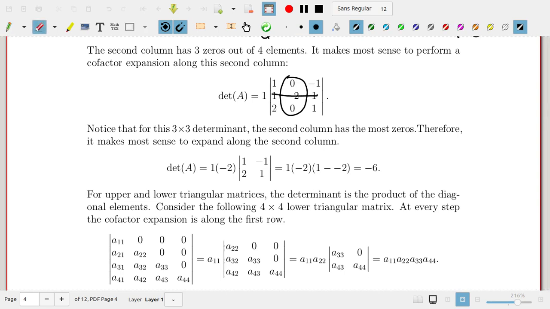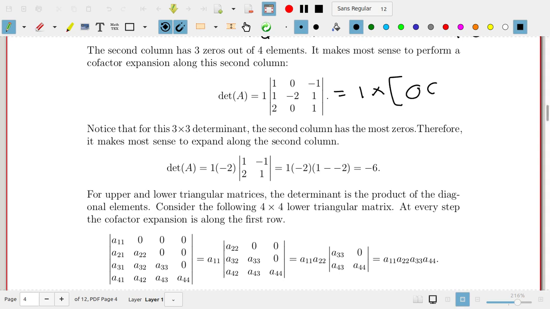So what is this equal to? This is equal to 0 times C12 minus 2 times C22 plus 0 times C32. So you only need to know C22.